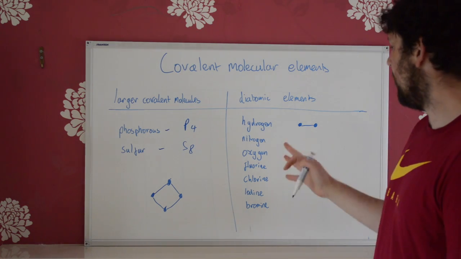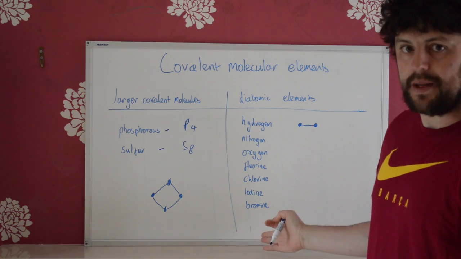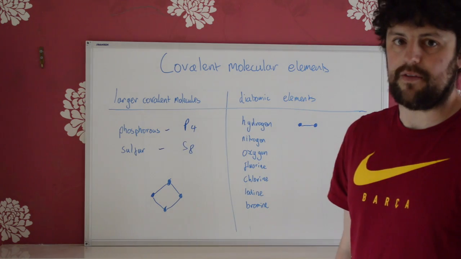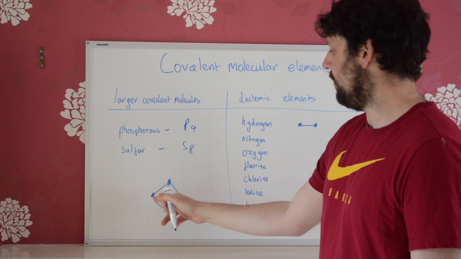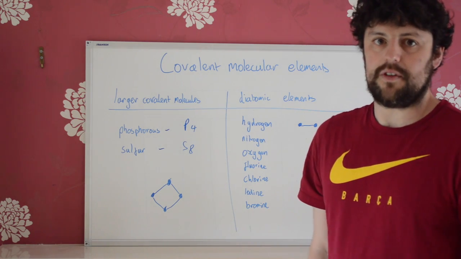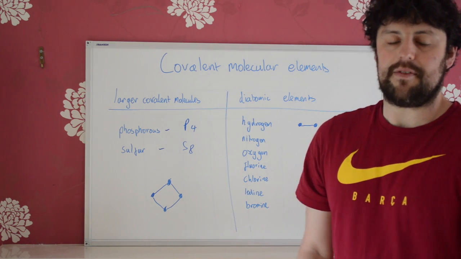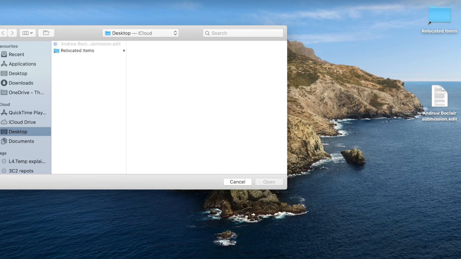Now because the larger covalent molecules are made up of more atoms joined together by more covalent bonds, they have slightly different properties. I hope you enjoyed that explanation of the difference between the larger covalent molecules and the diatomic elements.